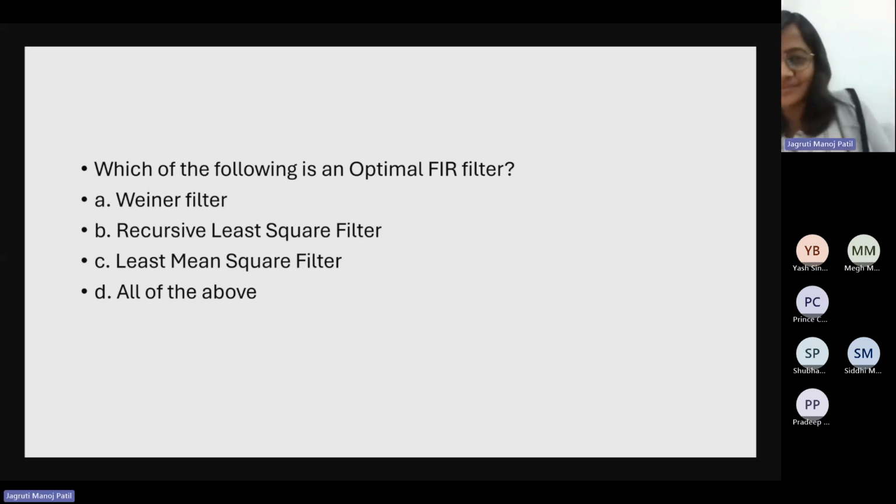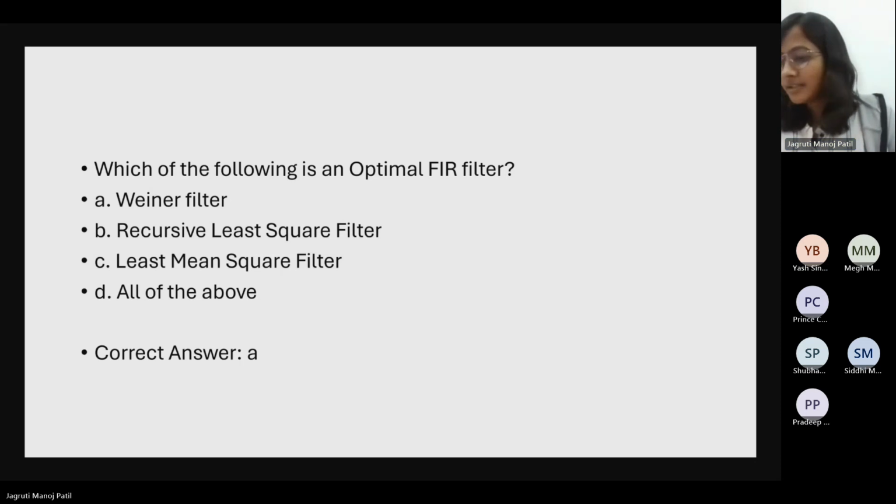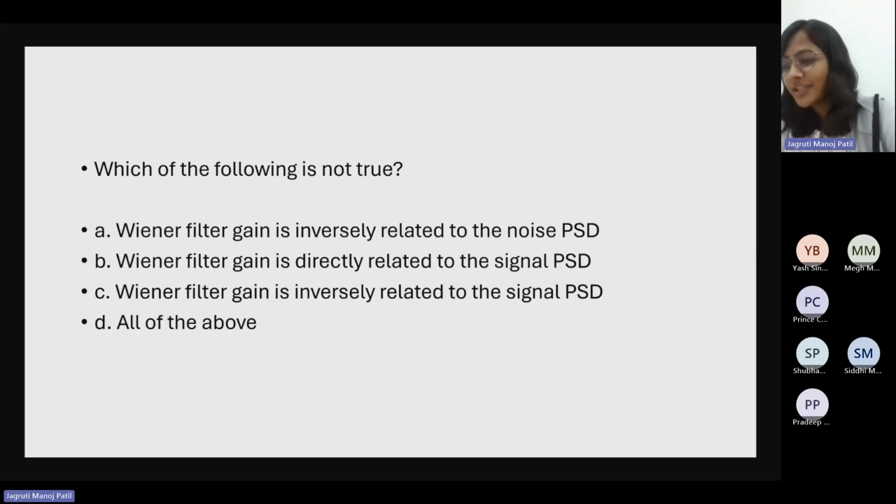Sorry, I had something to deal with. Okay, so which of the following is not true? A, B, C, D. Wiener filter gain is inversely related to the noise power spectral density. It's directly related to it, or it's inversely related to the signal power spectral density.